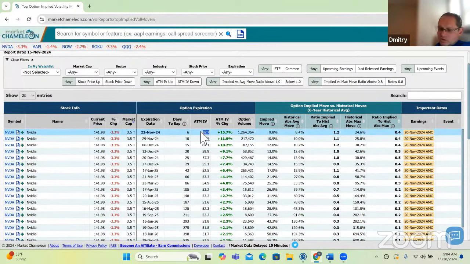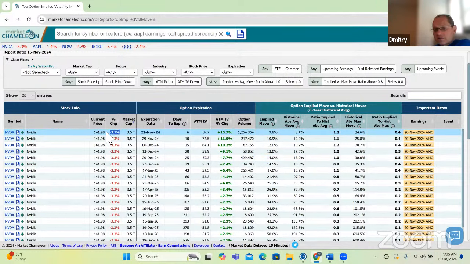And then what is the change, right? So how do we know if it's spiking or if it's getting crushed? Well, we need to compare this most recent observation, 87.7, to what the implied volatility was at the end of day, the day prior. So just like we track stock price on the day, NVIDIA was down 3.3.